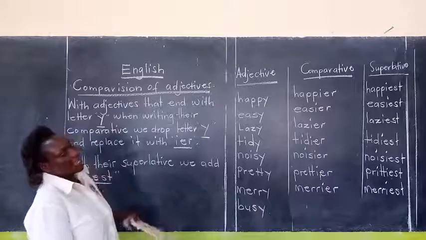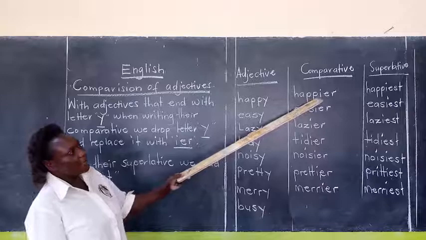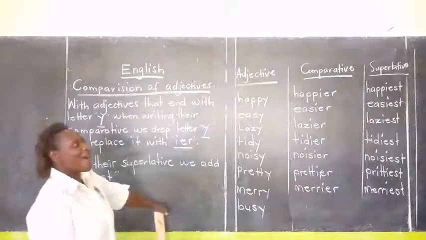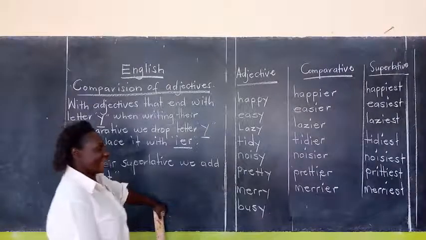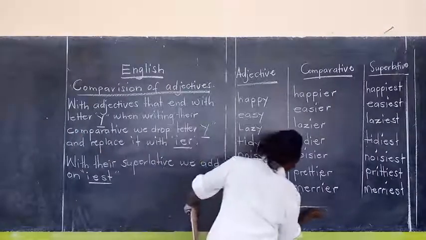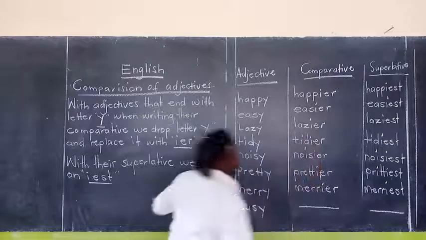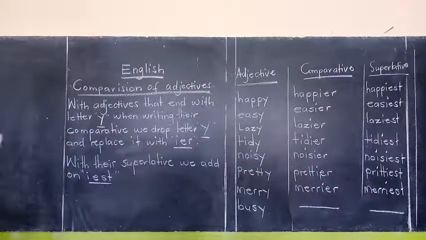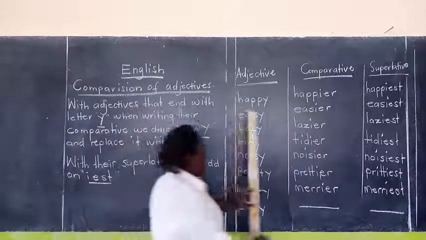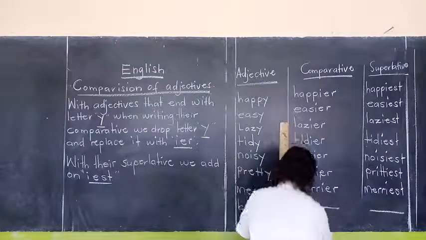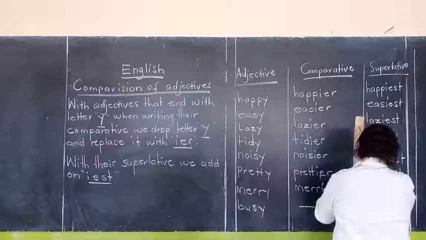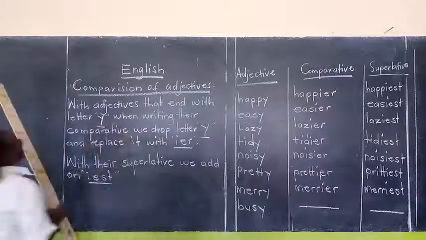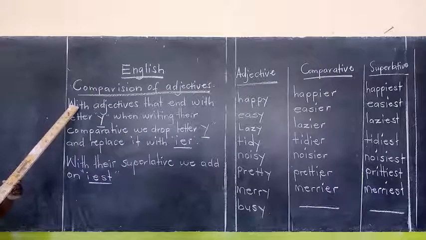With the comparative, they have a uniform that we add IER, and with the superlative, they have IEST. That is their superlative. Now let us go through what we have just looked at, so that you understand properly.